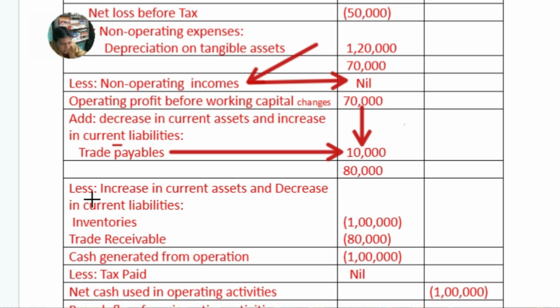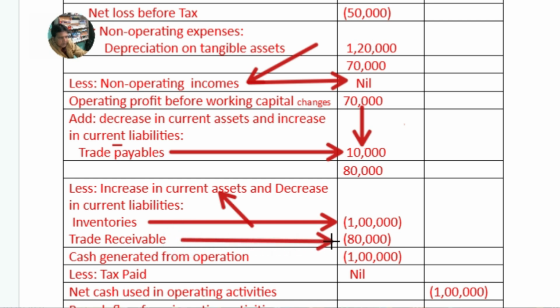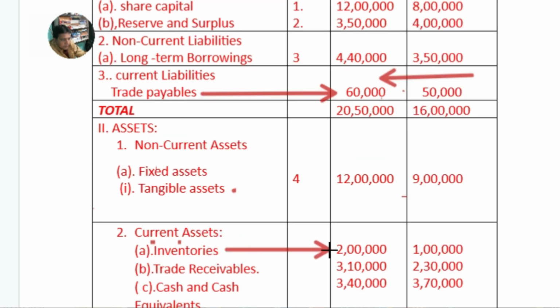Next step is increase in current assets and decrease in current liabilities. So just now we have seen that the two current assets were increased here: inventories by 1 lakh, negative, minus, and trade receivable by 80,000. Inventories from 1 lakh to 2 lakh. Inventory increase means cash outflow, so it is a minus.